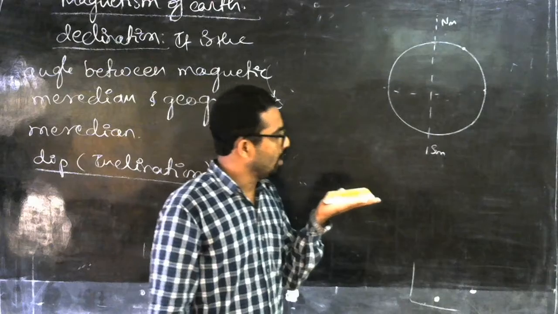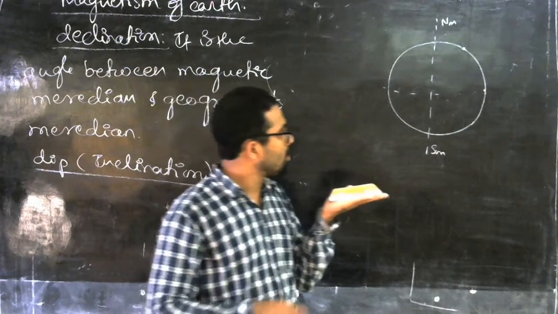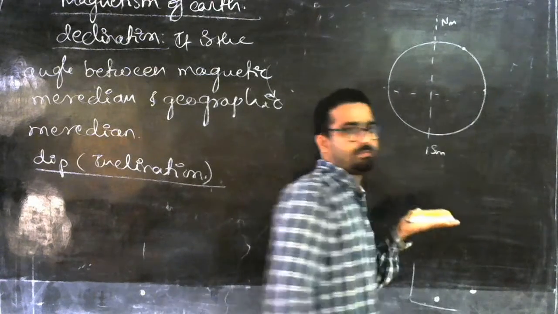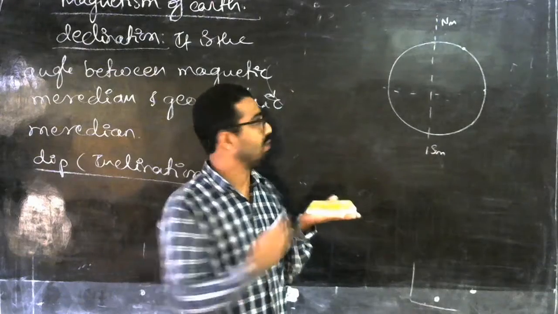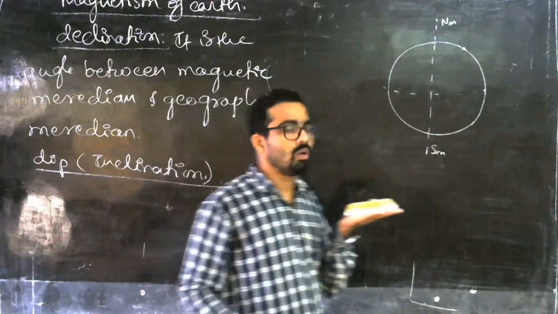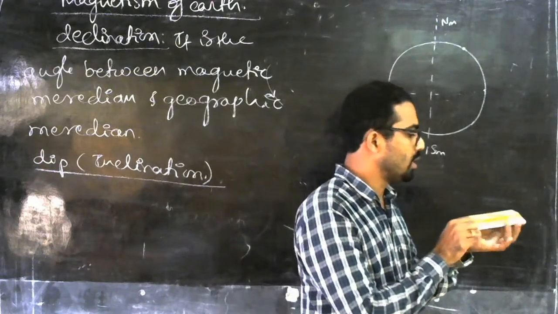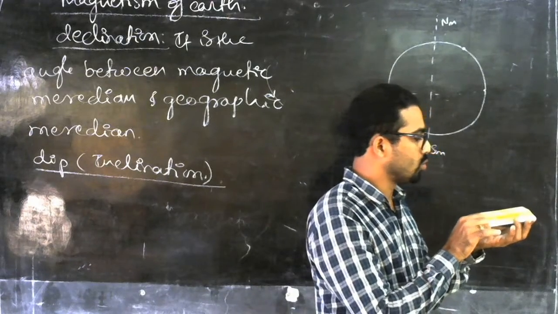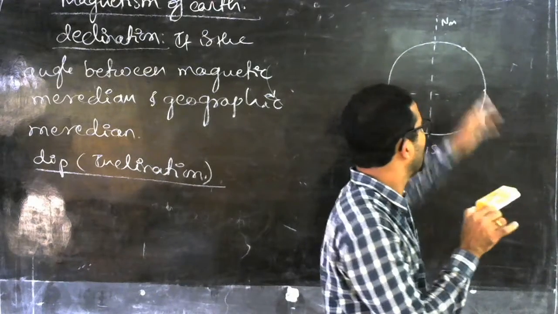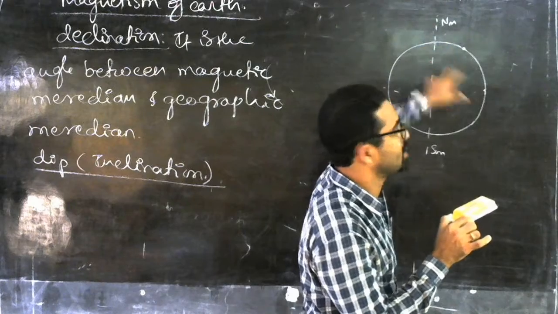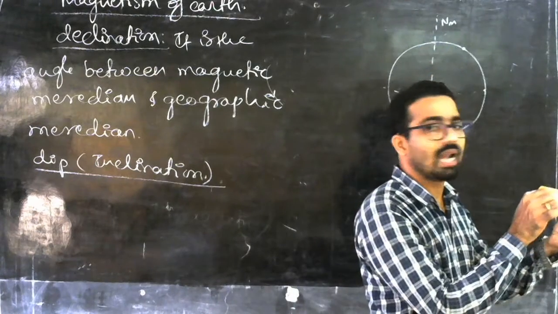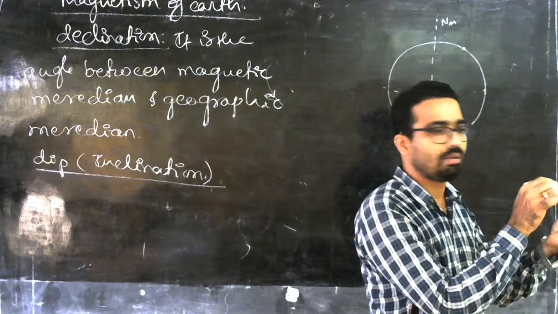Now, if you displace it from the equator, moving towards this, the needle will try to align in the direction of the field, but it will tilt, it will bend like this.